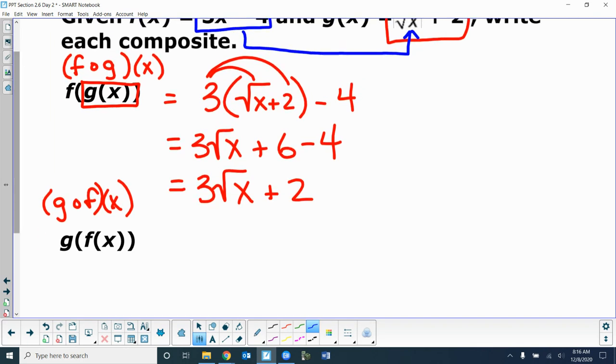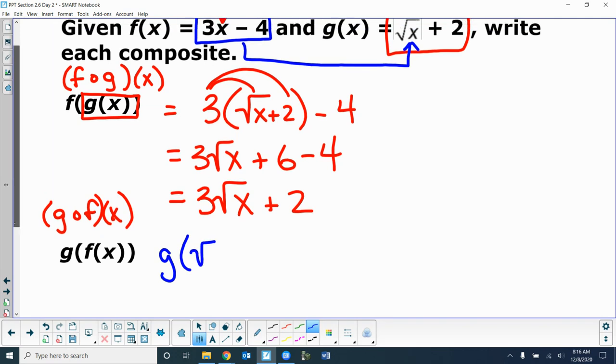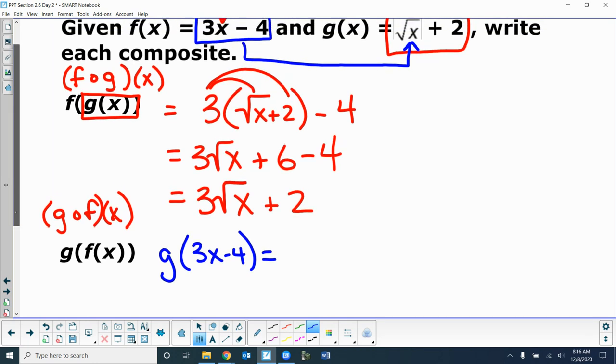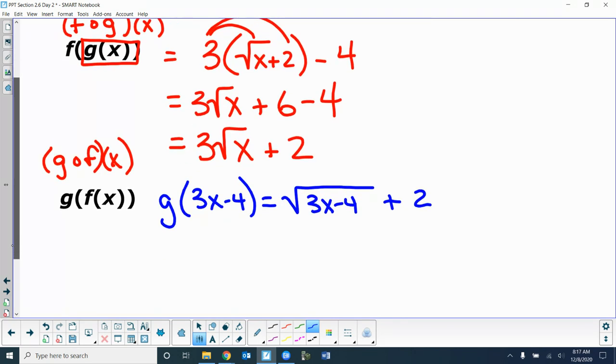Okay? So this is what we're thinking. F of x was 3x minus 4 under a square root, I'm sorry, can't see it. So it's like g of the square root of 3x minus 4, and we just put 3x minus 4 in there, plus 2. That's basically all you can do. You can't simplify anymore. So you just would leave it like this.